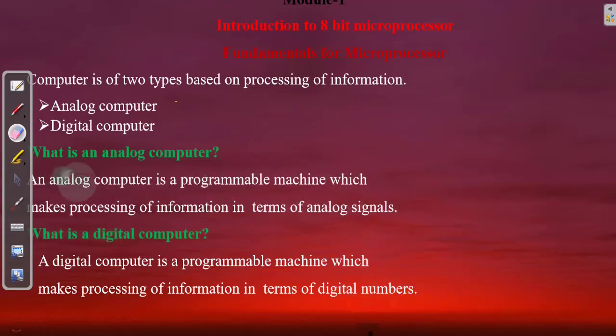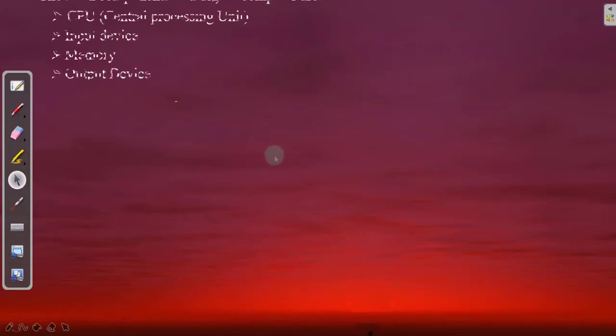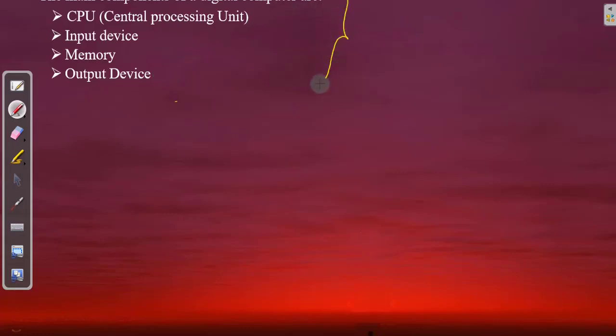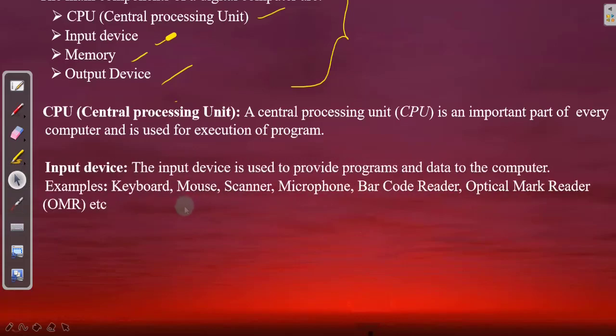So let's move forward now. Before seeing the next term, I would like to give a small description of a computer. In a computer, these are the four sections which are very important, and I am sure everyone might be aware of the definitions of these four things.